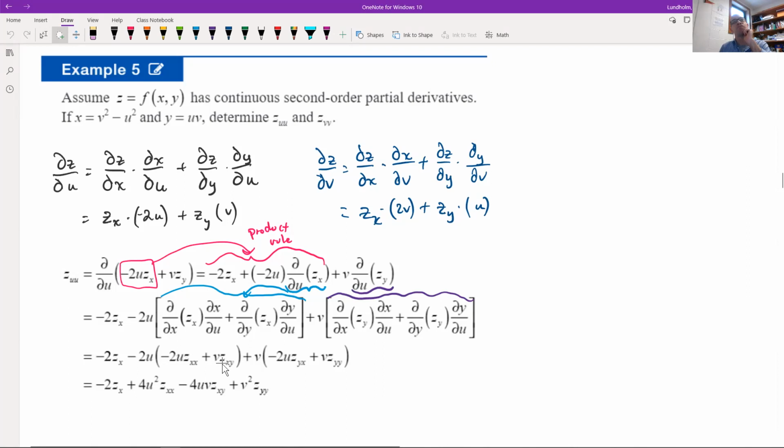So these things get reduced down. And finally, you get something in terms of partial derivatives with respect to x and y and your variables u and v, your intermediate variables, because you don't really have a way to change those into x and y's.